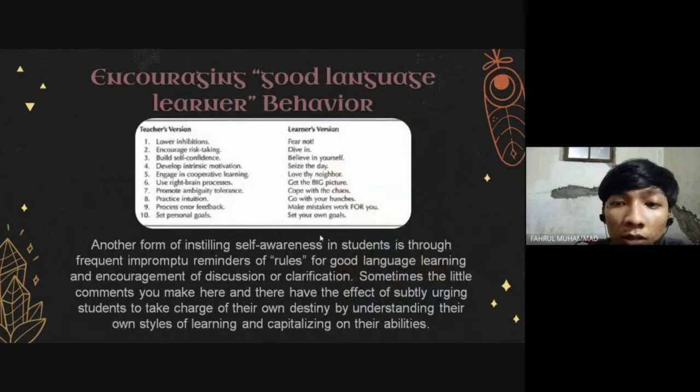Encouraging good language learner behavior. Another form of instilling self-awareness in students is through frequent impromptu reminders of rules for good language learners and encouragement of discussion or clarification.